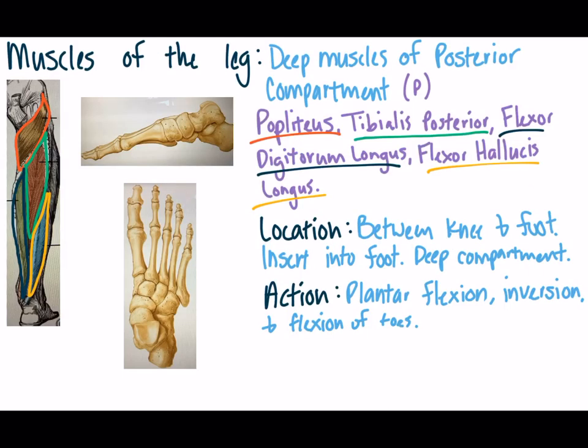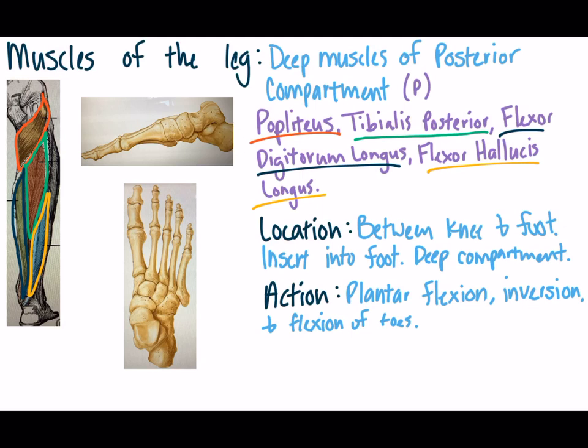So the next muscles of the leg are the deep muscles of the posterior compartment, and you can see I've listed them all out, and they're underlined in colors which match up with their location on the diagram. I've already labeled those, so I didn't have to spend time doing that throughout the video.